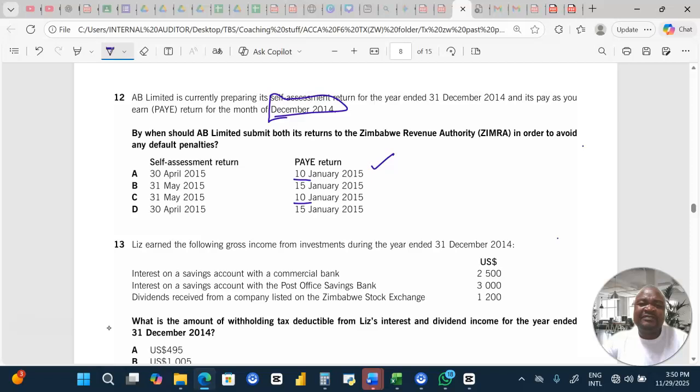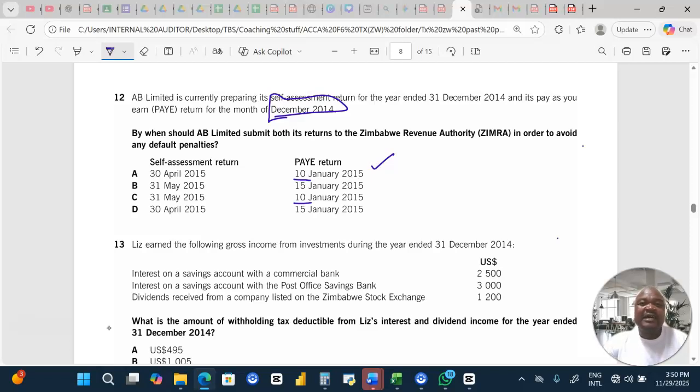Then we just have to understand here, self-assessment returns should be submitted by the 30th of April following the tax year to which they relate.